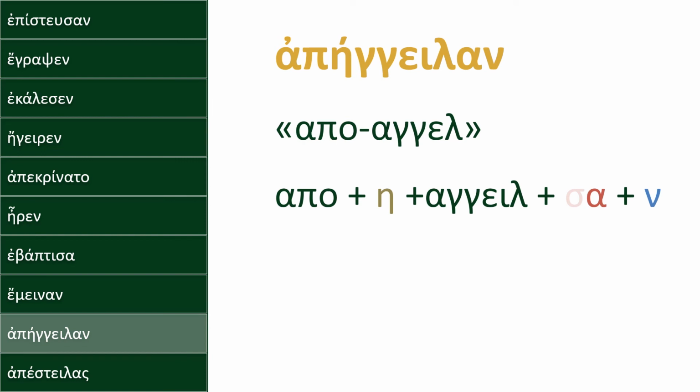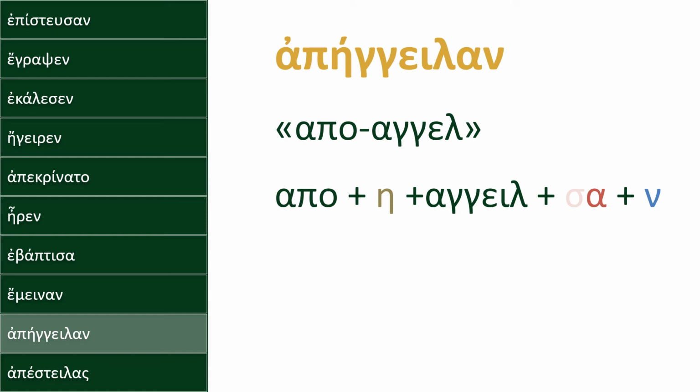Apengeilan, aorist active indicative 3 plural, from apangello, it means they reported. The root is angel with the preposition apo in compound. The aorist stem is modified to angeil, with an extra iota having been added. This is another example of the fact that liquid stems often modify the root to form the first aorist tense stem.